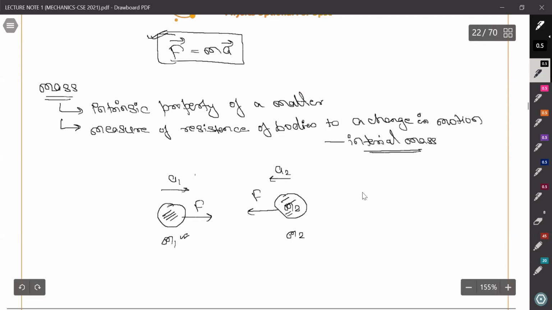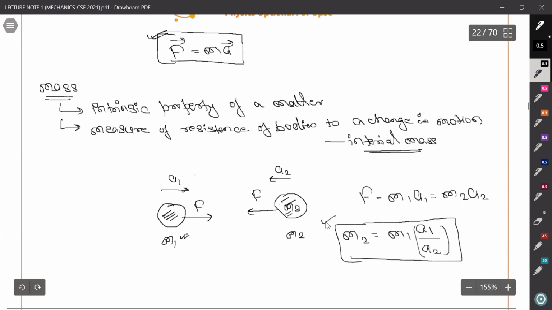Measuring acceleration is very easy. So if we write the force equation for the first mass, that equals m1a1, and for the second mass it will become m2a2. So from here we can easily write m2 equals m1 a1 upon a2. So if we know the ratio of their accelerations and mass 1, we can find the second mass, right?